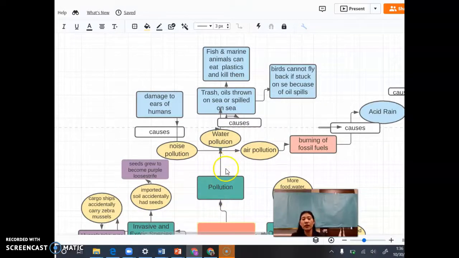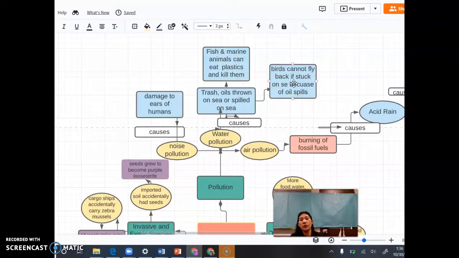Another one is the pollution I talked about a while ago. Noise pollution will cause damage to the human ears, of course. And water pollution, when trash and oils are thrown into or spilled into the sea. The fish and marine animals can eat those plastics or drink water with chemicals, and it will eventually kill them.